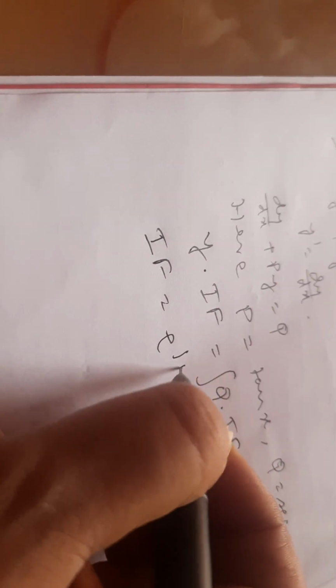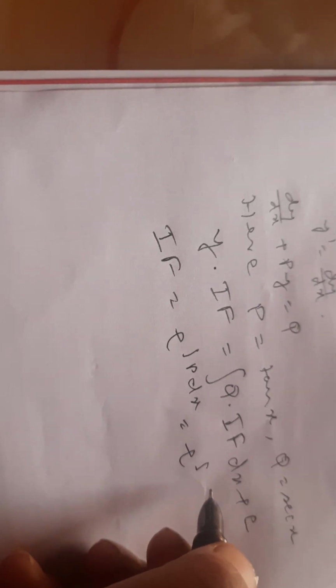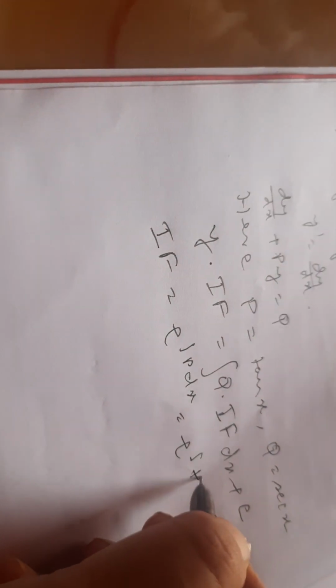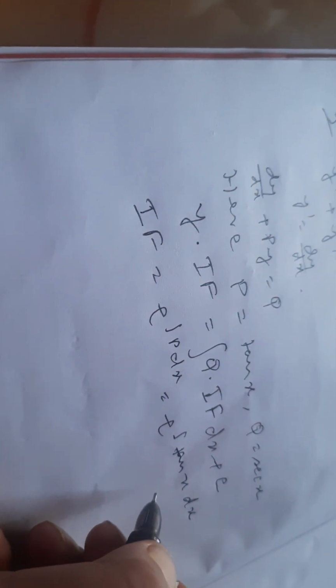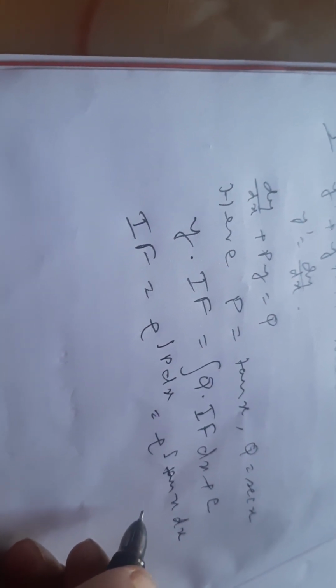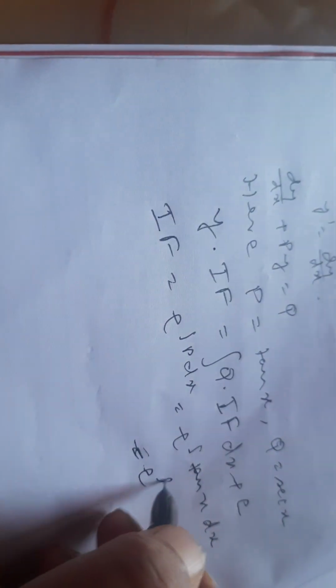So what is the integrating factor here? The integrating factor is e to the power integration of p dx. So e to the power integration of tan x, and the integration of tan x is log sec x. So we will write e to the power ln sec x, which comes to be sec x. So our integrating factor is sec x.